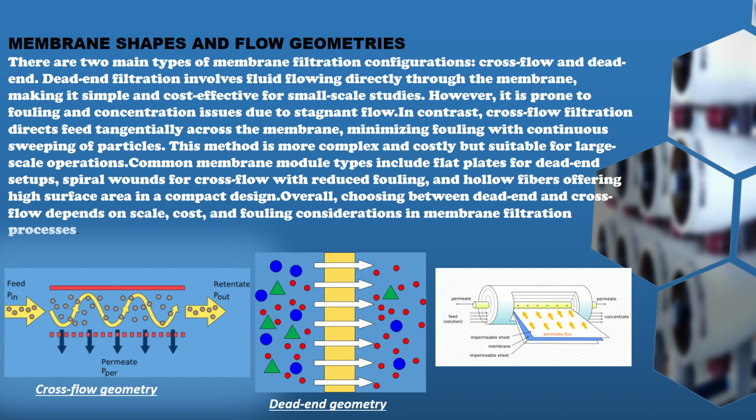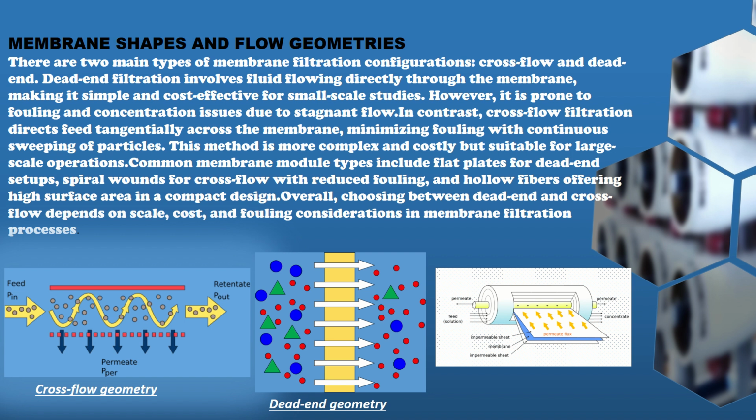Dead end filtration involves fluid flowing directly through the membrane, making it simple and cost effective for small scale studies. However, it is prone to fouling and concentration issues due to stagnant flow. In contrast, cross-flow filtration directs feed tangentially across the membrane, minimizing fouling with continuous sweeping of particles.